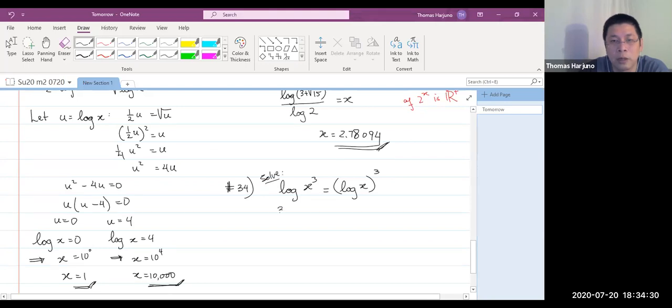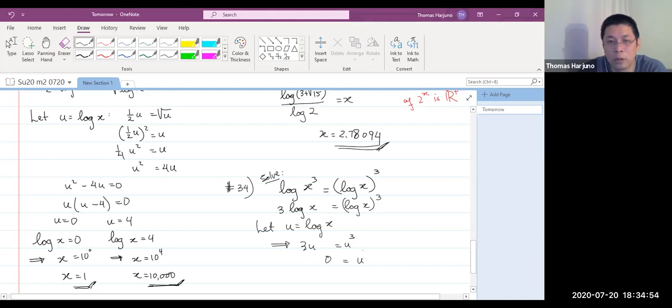You will see I bring the 3 to the front. 3 log x equals log x, being cubed. And then I do substitution, let u equal log x. Then I get 3u equals u cubed.